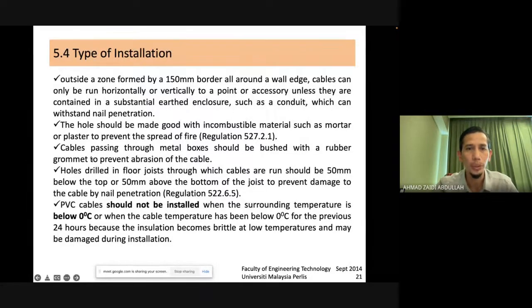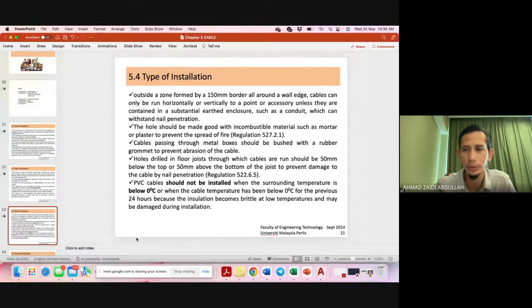And then cable passing through metal box should be bushed with a rubber grommet. Contoh kat hujung besi kan. Okay, hujung besi. So we must put what we call rubber grommet lah. That one yang tu dia tak nak bagi kabel luka. Kan kalau kat hujung besi tu selalu dia tajam kan. So sekejap ada contoh picture kot.